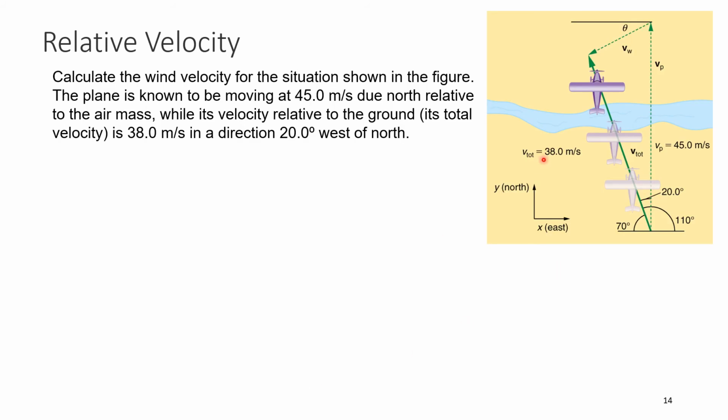Because V total is the sum of Vw, the velocity of the wind, and Vp, the velocity of the plane, if we define the east direction to be the positive x direction and the north direction to be the positive y direction, in the x direction we have V total x equals Vwx, since the plane only has a vertical component of velocity.